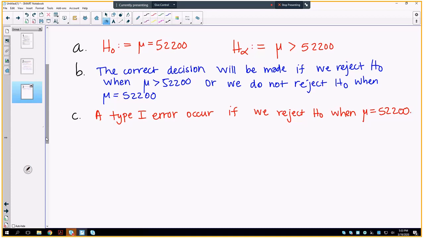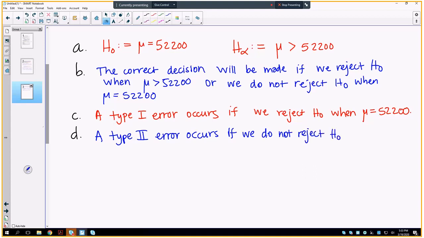But we could make one other type of mistake. We could make a type 2 error, and that occurs if we don't reject the null hypothesis when it's false.